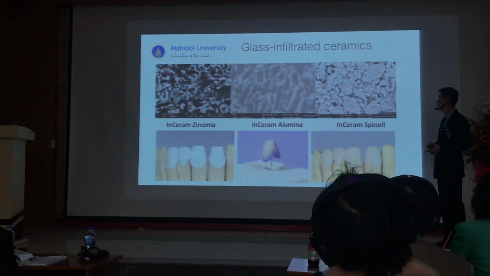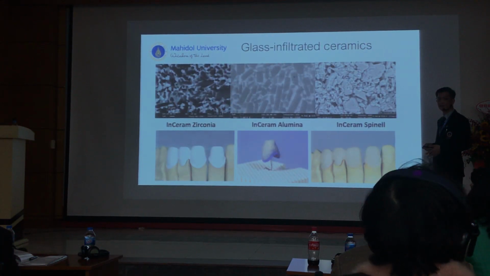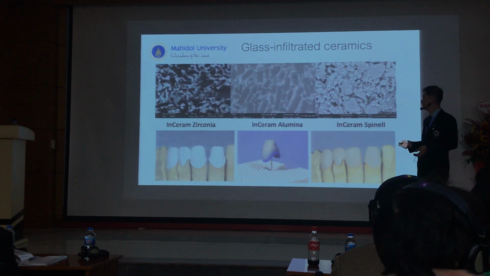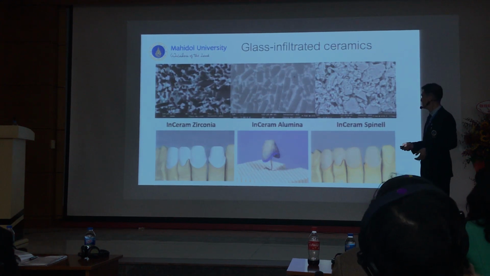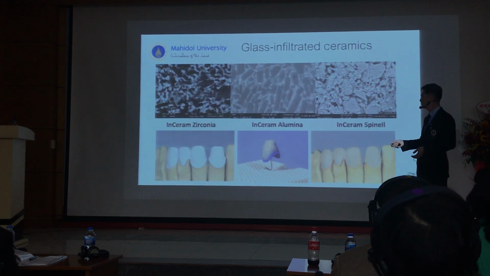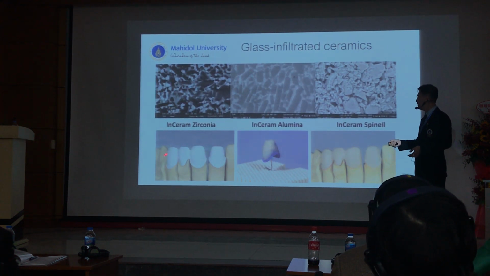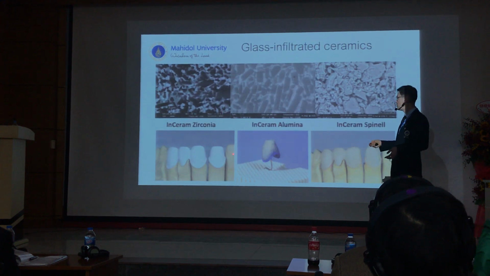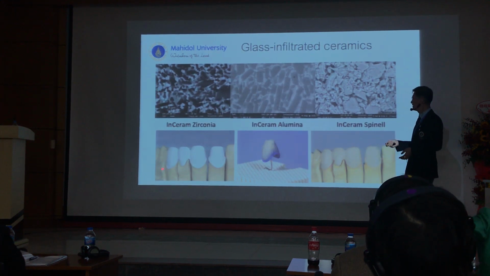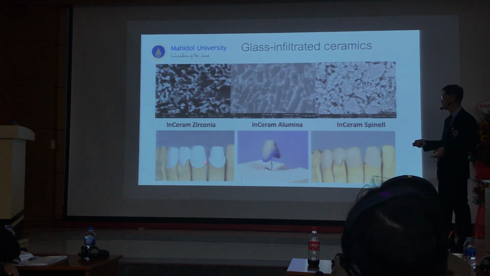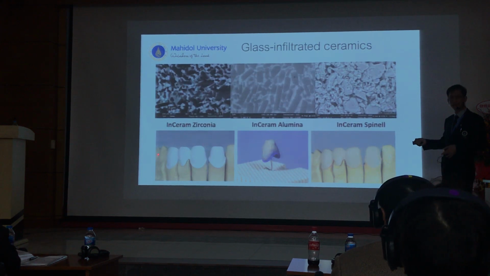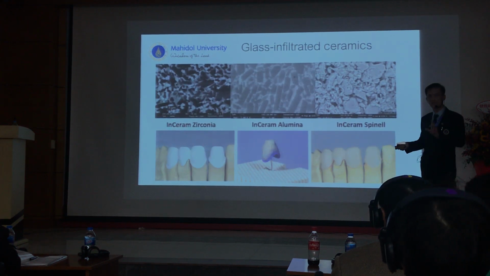And another group of ceramic is glass infiltrated ceramic. This one is ceramic. Okay? This is probably made by a slip casting technique. At the beginning, if you used to make it in the lab, we start by putting the powder and liquid together and you burn it. And at the first step, it's very brittle.